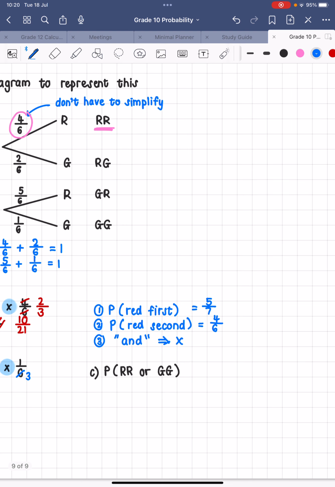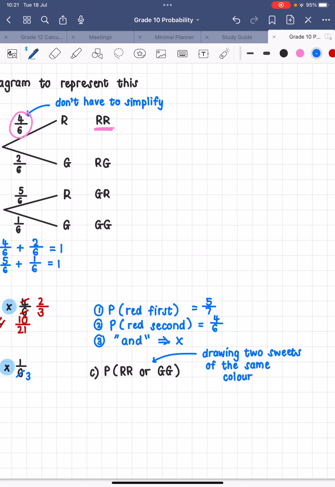Now, the way that this question could have been worded if they wrote it in a sentence, not with the symbol here, is if they said, calculate the probability of drawing 2 sweets of the same color, but they're not specifying which color.